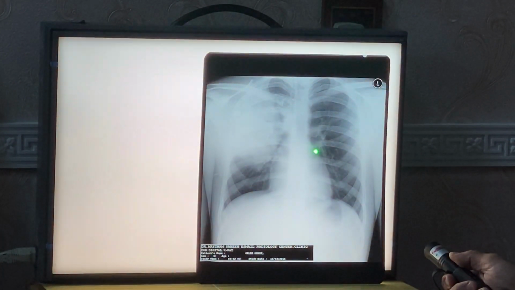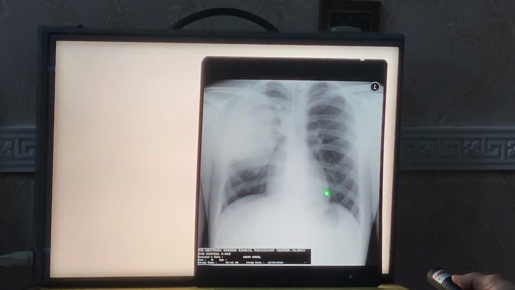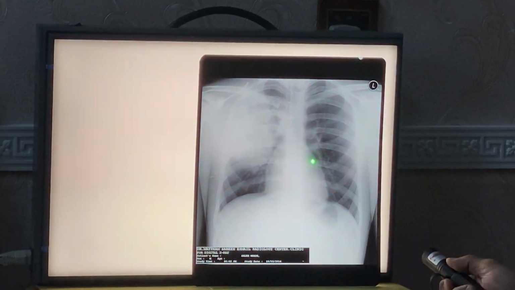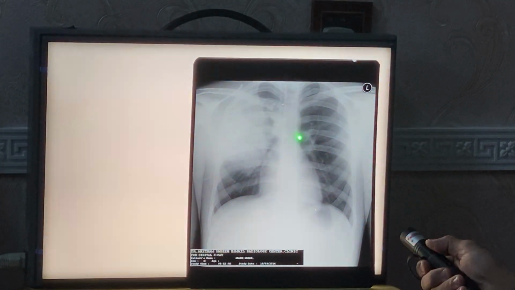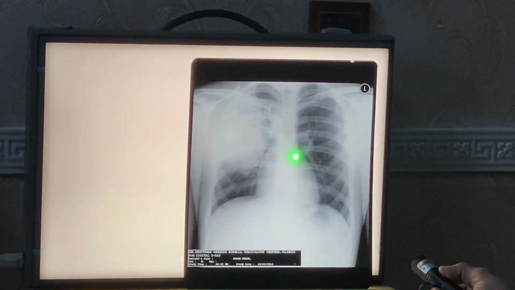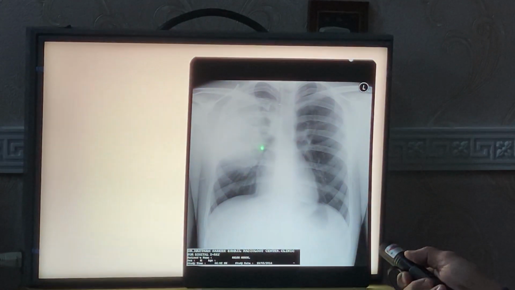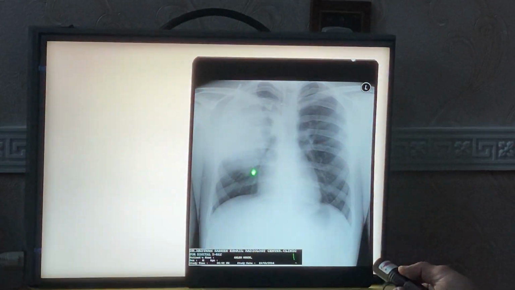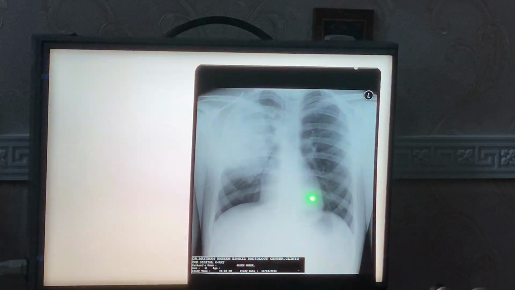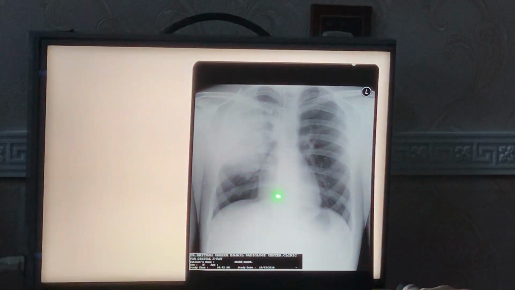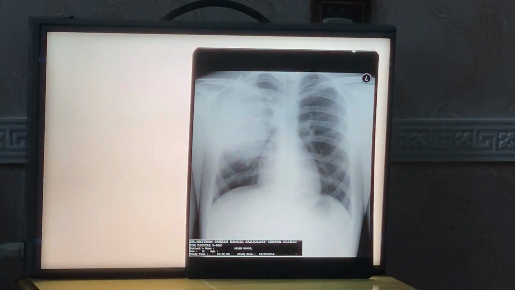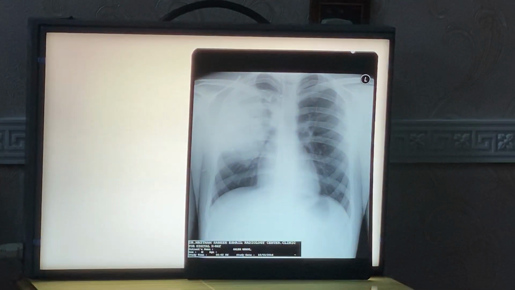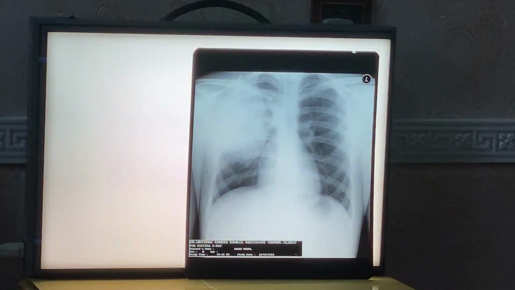Like what? Like the bulk of the heart, or 2/3 of the heart on the left, as we mentioned in the last lecture. Don't forget the aortic knuckle, the hilum, the descending approach of the right pulmonary artery, and the diaphragm, which is elevated on the right more than the left.